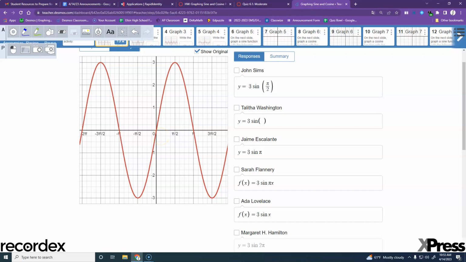I like to always start at 0 right here, just because it's easier to count it, although I'll show you another way you can look at it as well. So we would go up, back down. Right here at pi, you are back to where you started from, but you haven't done the negative part of this graph yet, so you haven't started to repeat yet. So we go back up, and then we would hit over here.